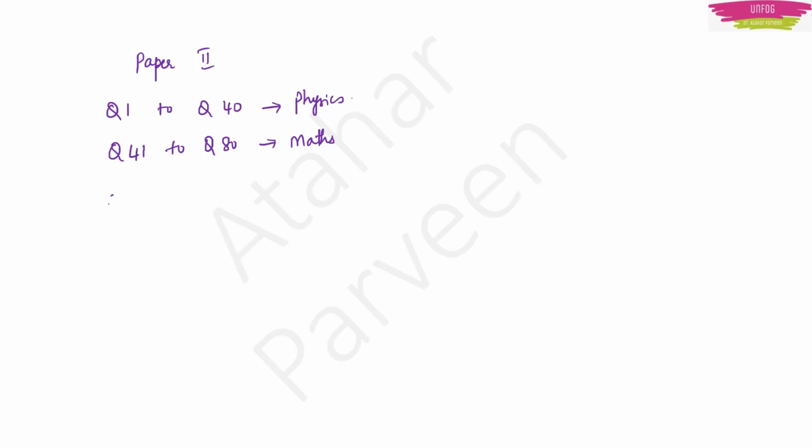Then question numbers 81 to 100 were methodology questions. This methodology was based on physics and maths. So this was the pattern. In this class, we will be solving question 41 to question 50. So 10 questions we will be solving in this class.